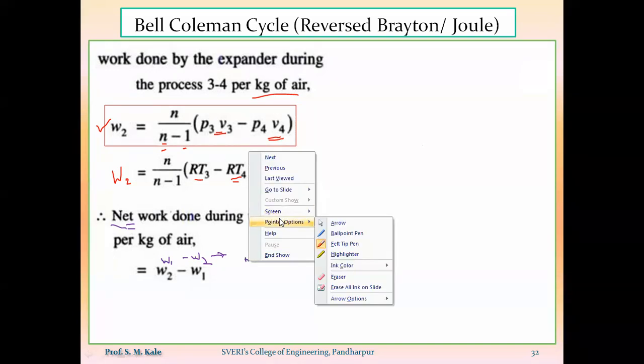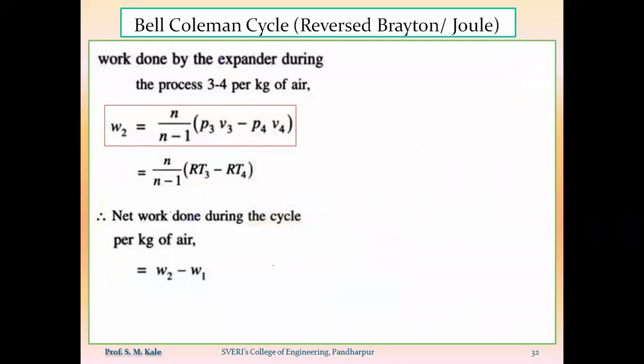So to nullify that effect, we take the value as W2 minus W1. So net work done during the cycle per kg of air will be obtained by using the formula W2 minus W1.